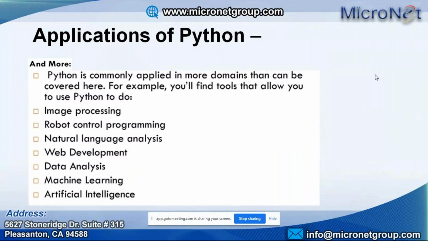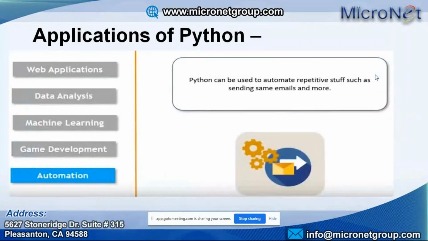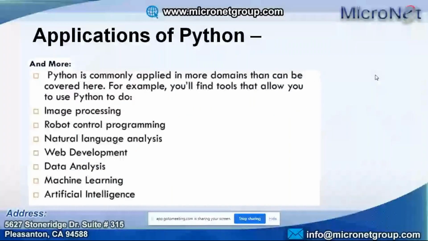Apart from this, there are several applications: you can also use it for image processing, robot control programming, NLP, natural language analysis, web development, data analysis, machine learning, and artificial intelligence. All these applications were available in the market even before the introduction of Python. But why did Python come into the picture now?